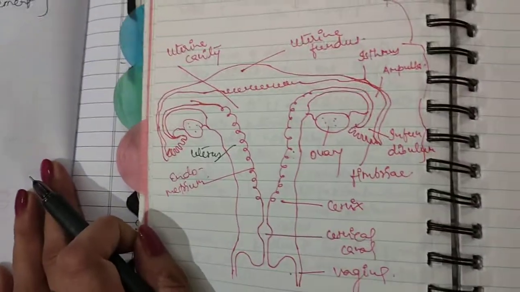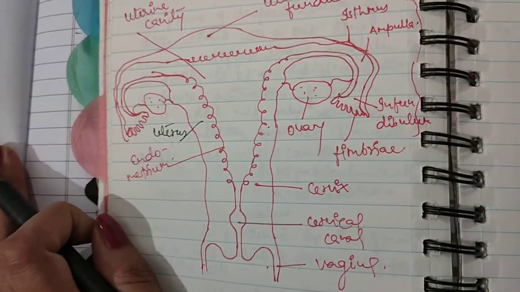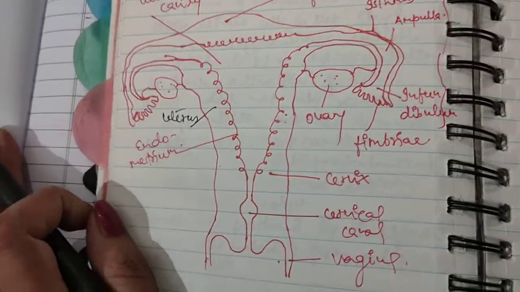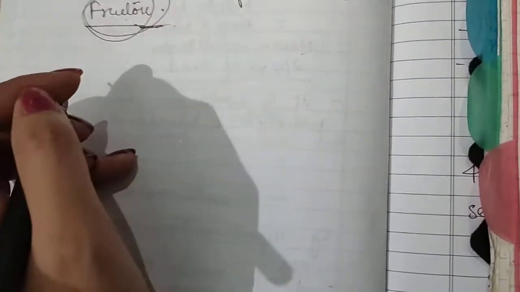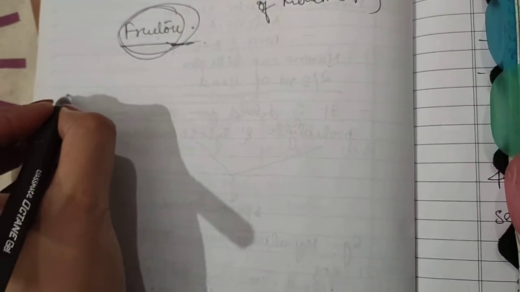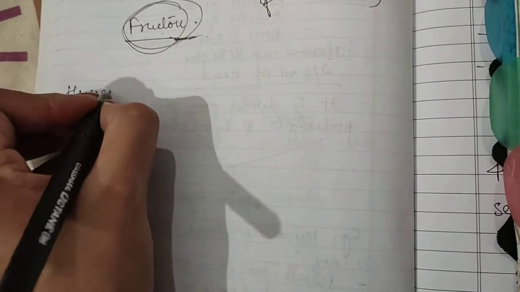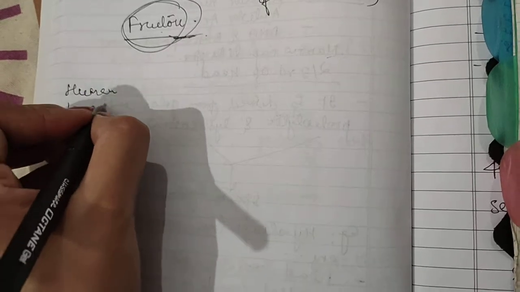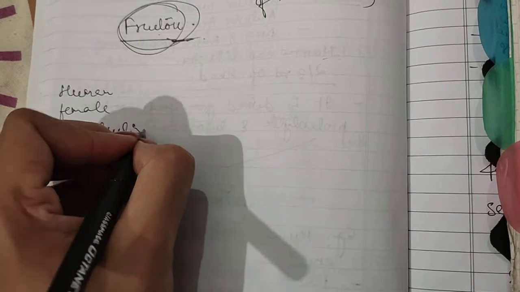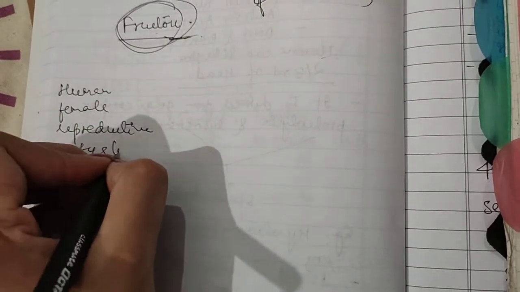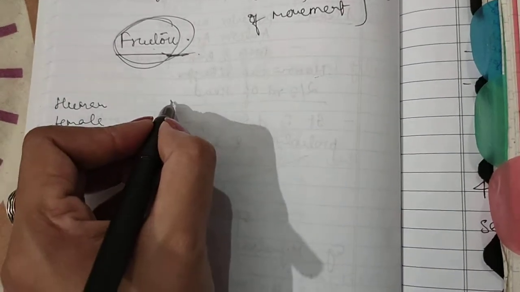So this is the structure of the human female reproductive system. So here we will discuss one by one the human female reproductive system. It contains two types of organs.